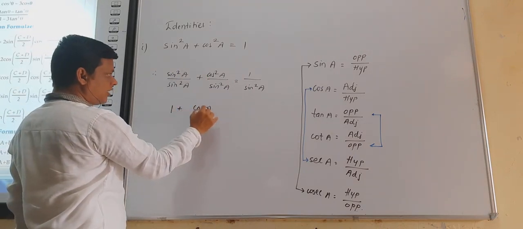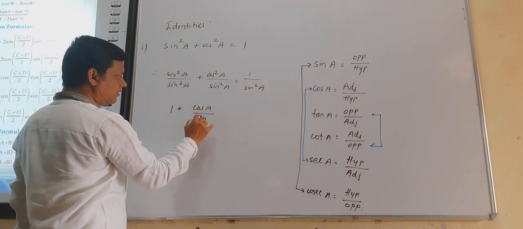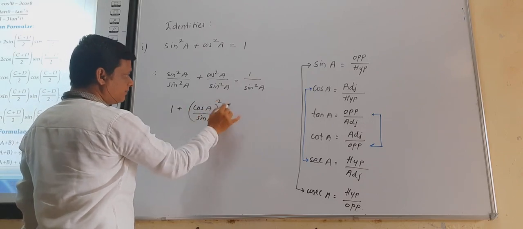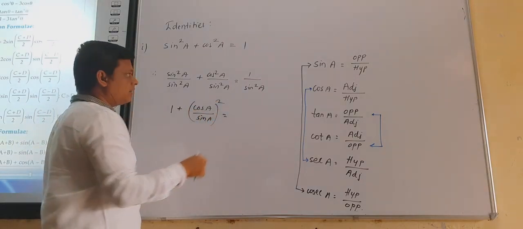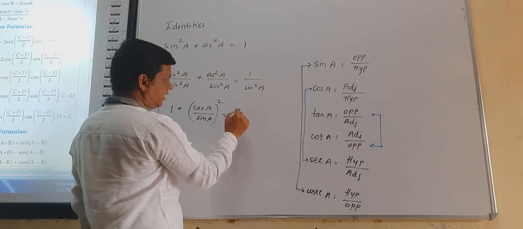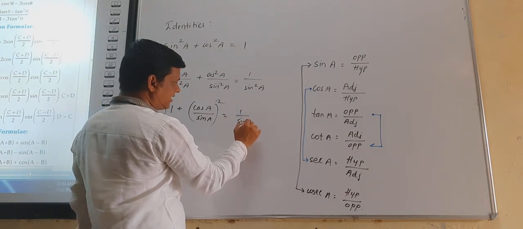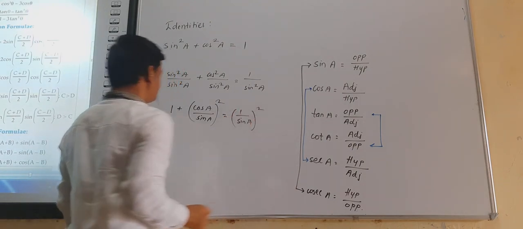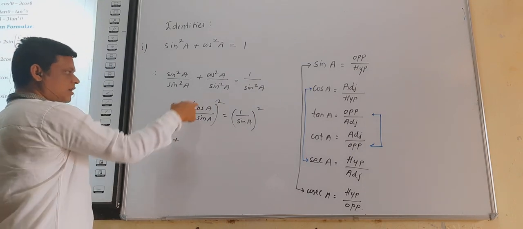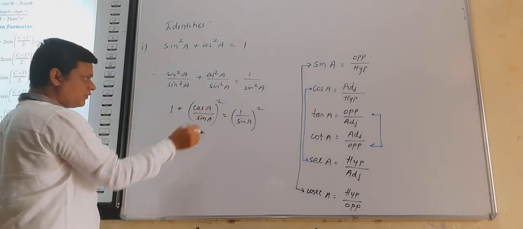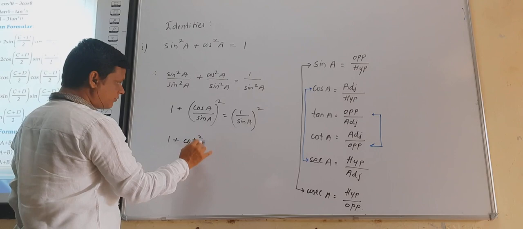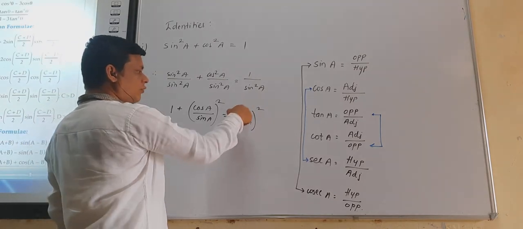Here we write cos A upon sin A in one bracket squared. Here 1 upon sin A squared we write. 1 plus cos upon sin is cot A. So we write cot square A is equal to 1 upon sin.